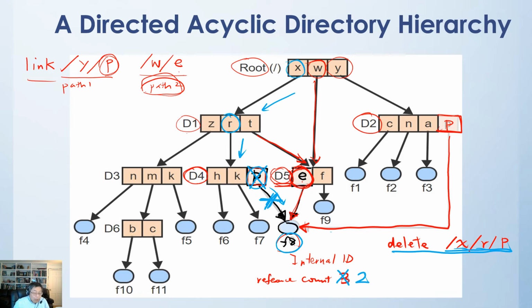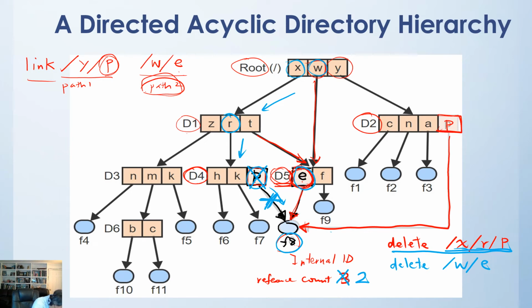Now, if I try the delete command again, for example, let's say I delete the file using the path name W and E. Where's W? W is this. E is here.